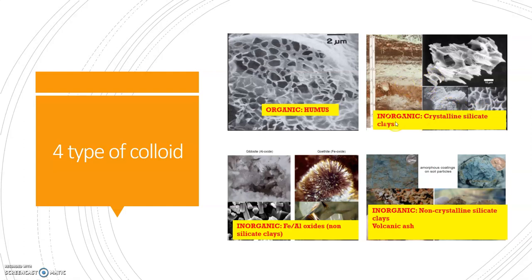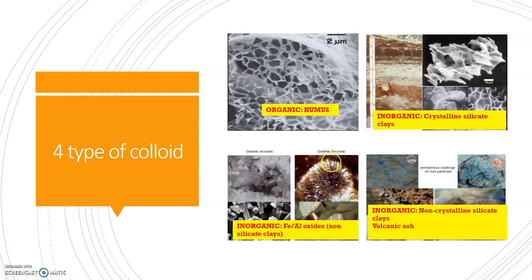It's a crystalline silicate clay. You can see the shape of the clay. It's crystal in form. The second one is inorganic, and the clay is ferrum and aluminum oxides. Non-silicate clay doesn't have any silicate. You can see here it contains silicate. In the clay you have a lot of silicate. These two don't have any silicates.